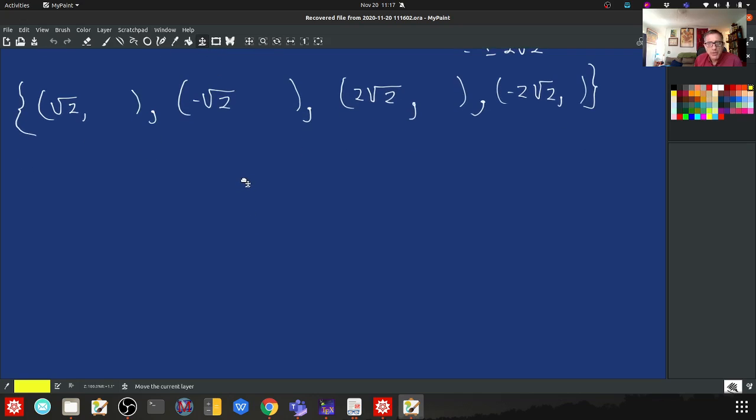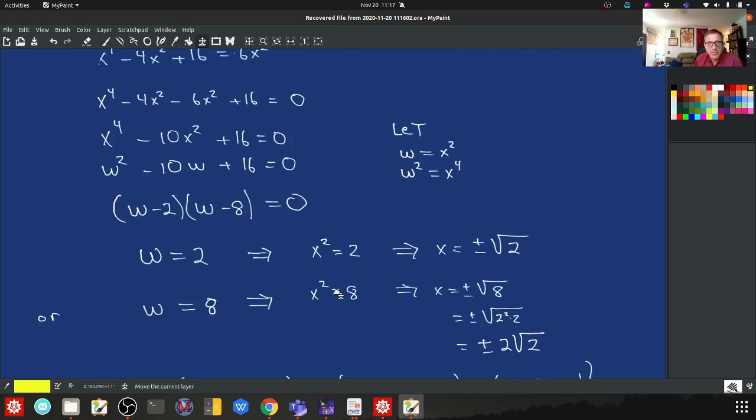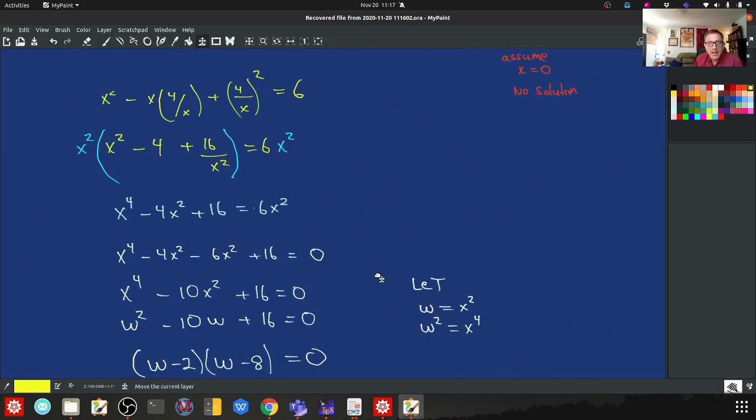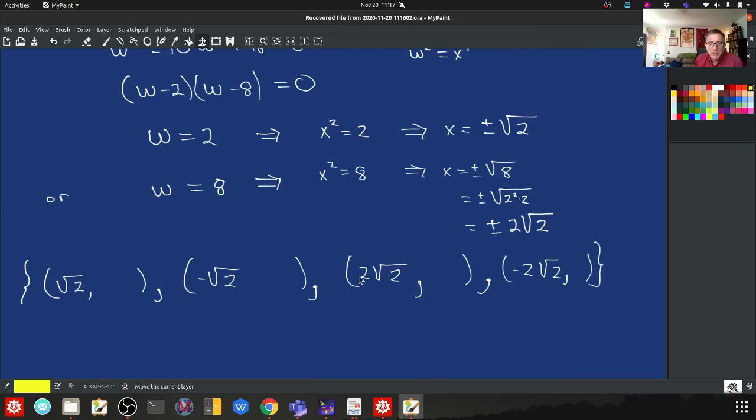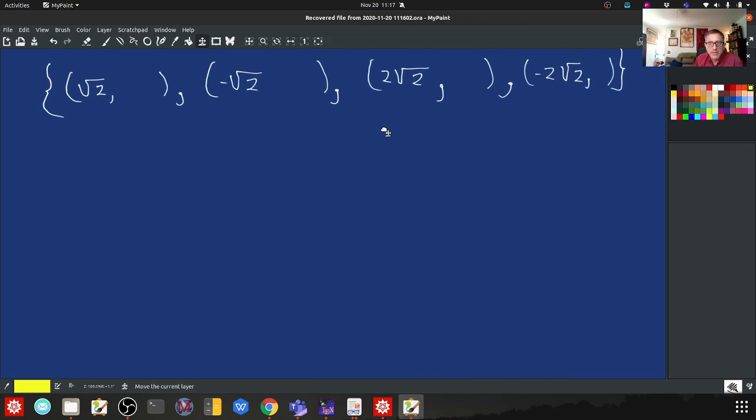So if you recall what I just showed you up here, we have that y is equal to 4 divided by x. So that means I have to use all of these values of x to find out what y is. So y is equal to 4 divided by the square root of 2. Now in math we rationalize the denominators.